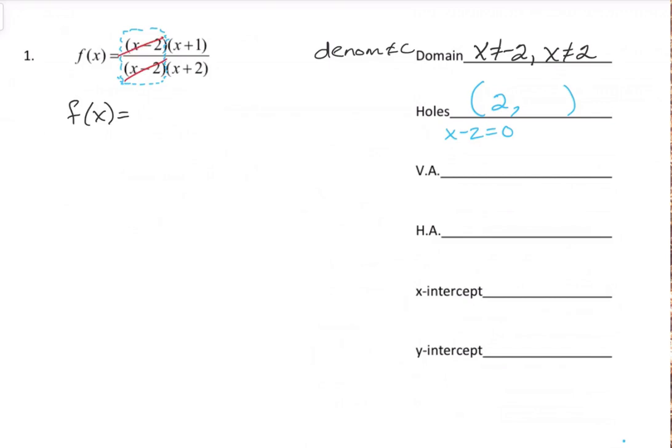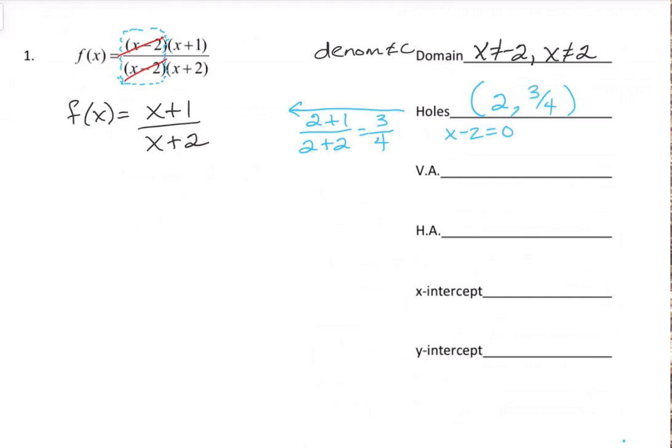If those x minus 2's divide out, I'm left with x plus 1 over x plus 2. Now I can plug that 2 into that simplified version of the function to get the y value for where the hole will occur in the graph. And I get a y value of 3/4.